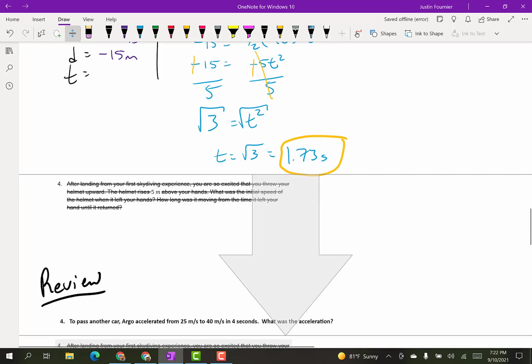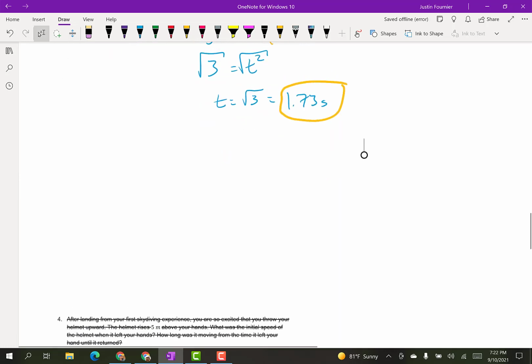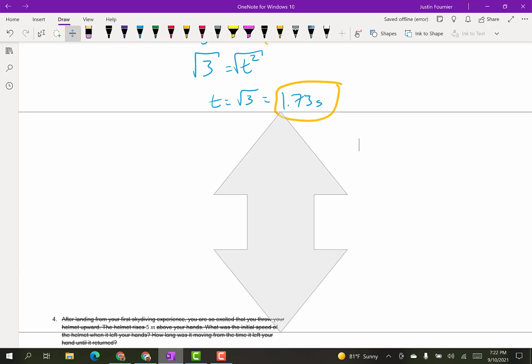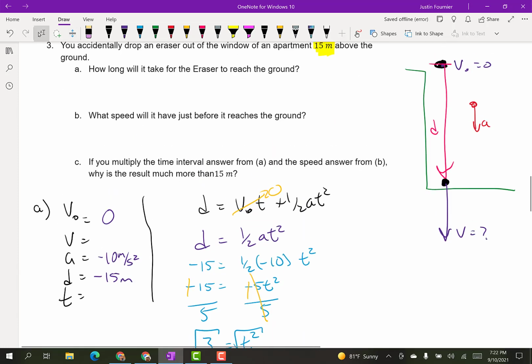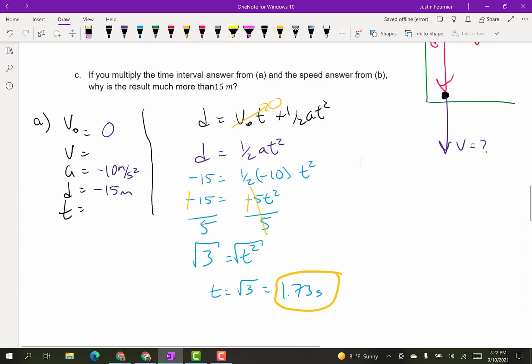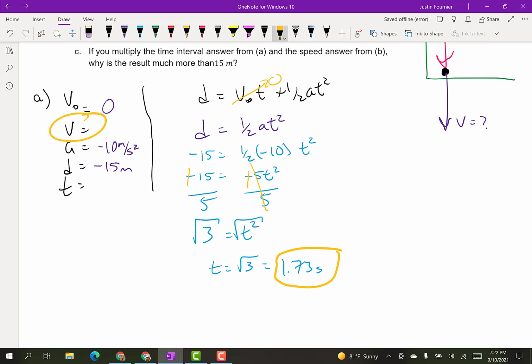Let's bring this down here. Probably going to have to bring it down a little more. There we go. All right, so part B says, what speed will the object have just before it reaches the ground? Well, that's then me trying to find out what this is.